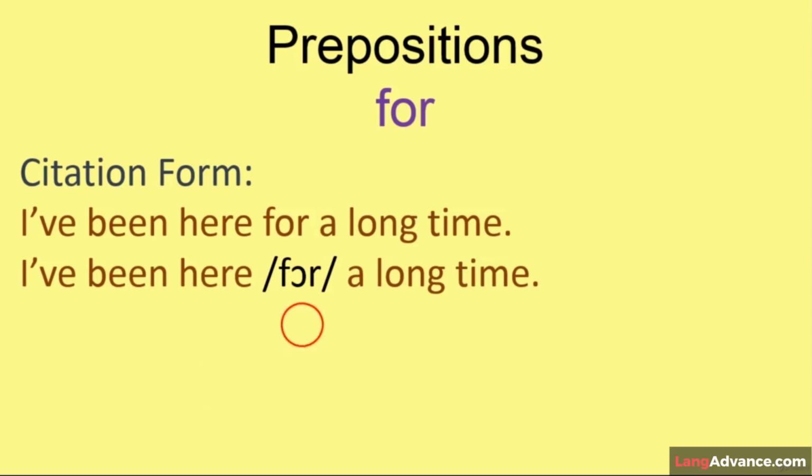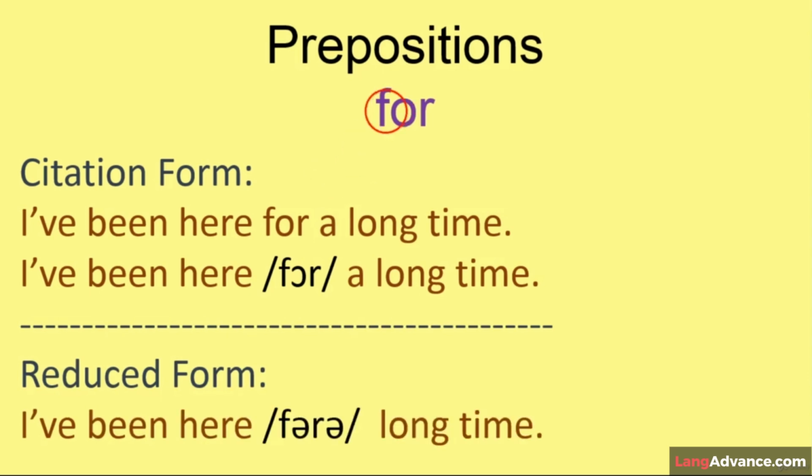In IPA, we would spell "for" like this. What looks like a backward C plus the R is pronounced in American English as "or." And so we say "for." I've been here for a long time.